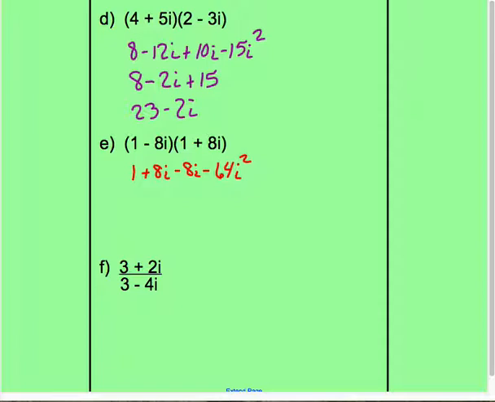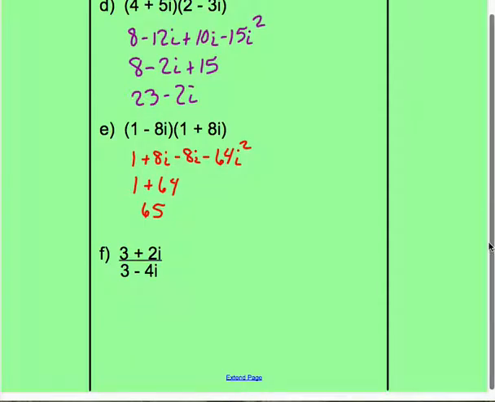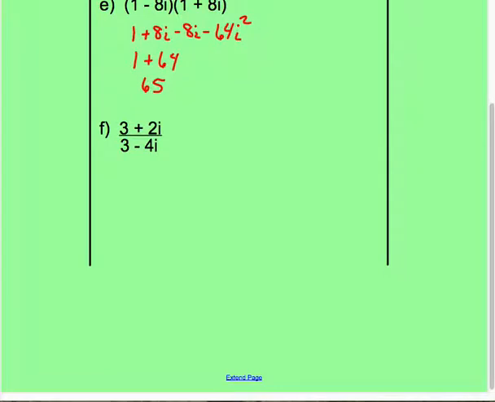Simplifying the same way I did on part B, my imaginary parts cancel. I get 1 plus 64 when I simplify that i squared, which gives me 65. Now, this is a real number, but it's also standard form of a complex number. b is just 0.